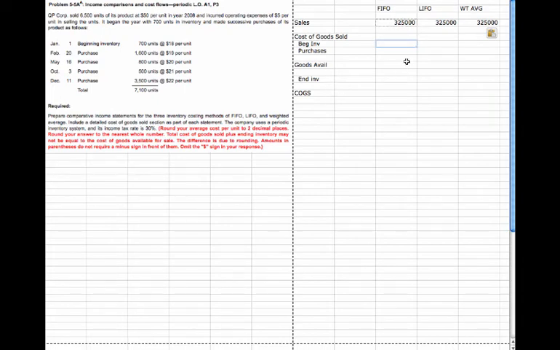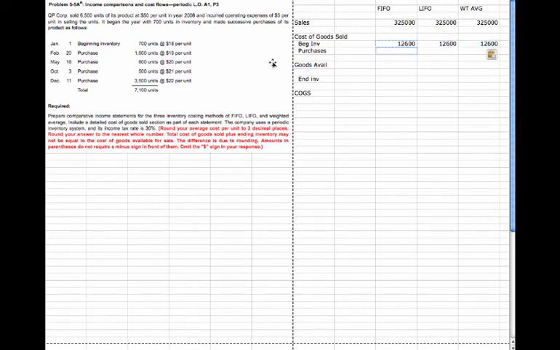So what they tell us is that our beginning inventory was 700 units at $18 per unit. So our beginning inventory, we do that math out, is $12,600. Now the $12,600 is going to be the same between FIFO, LIFO, and weighted average because that's what we started with based upon the prior calculation of the previous period.